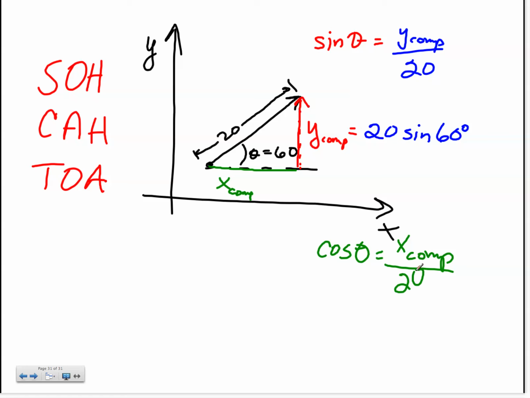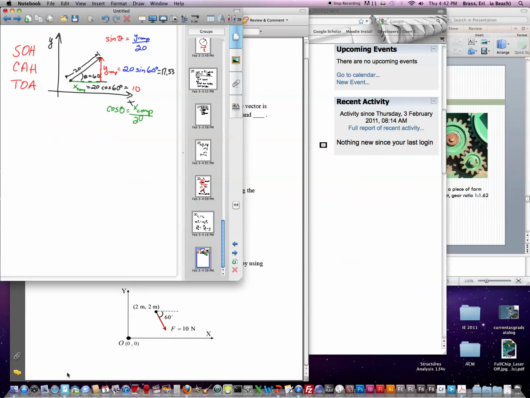So our x comp is going to equal 20 cosine 60 degrees. So you said that this one is 17.33. And this one is what? 10? 10. All right. That's how you solve that.